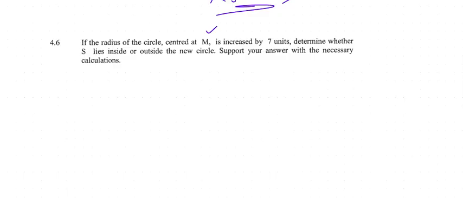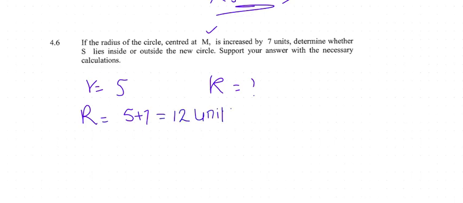All right, so the new radius we have to find out is capital R. We can say this is increased by 7. So R equals 5 plus 7. Right, it becomes 12 units. So the center M remains at the point 3 and 0.